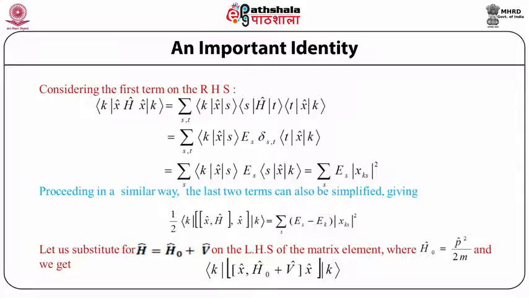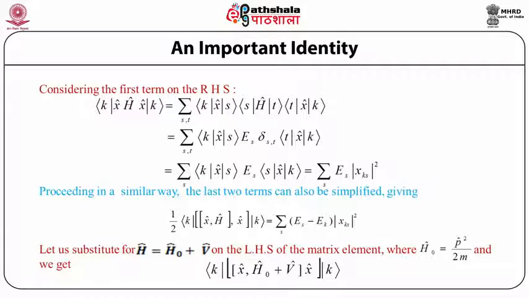Bra vector k, operator x, operator H, operator x, ket vector k is equal to summation over s and t, bra k, x, ket s, bra s, H, ket t, bra t, x, ket k, and this is equal to summation over s and t, bra k, x, ket s, E_s delta_st, bra t, x, ket k, and this is equal to summation over s, bra k, x, ket s, E_s, bra s, x, ket k, and this is equal to summation over s, E_s modulus whole square of x_ks.